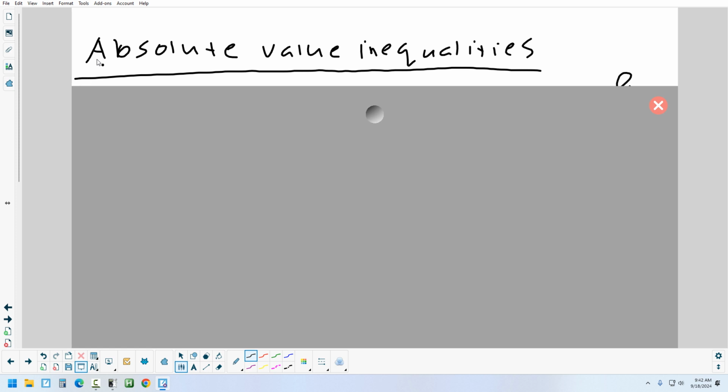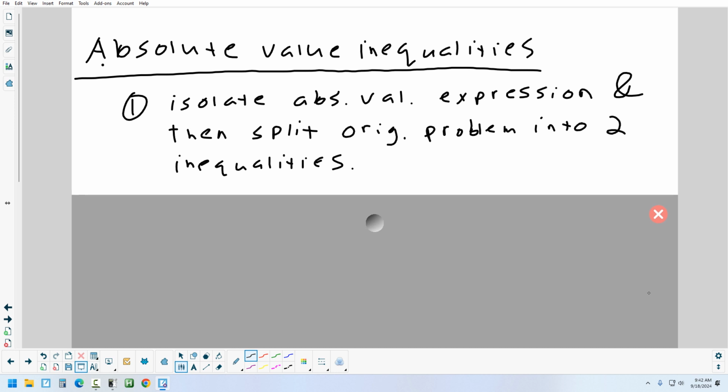All right, so let's look at absolute value inequalities. Okay, if you understand how to solve an absolute value equation, this is very similar. You have to split it into two problems, just like we did yesterday, after you isolate the absolute value.